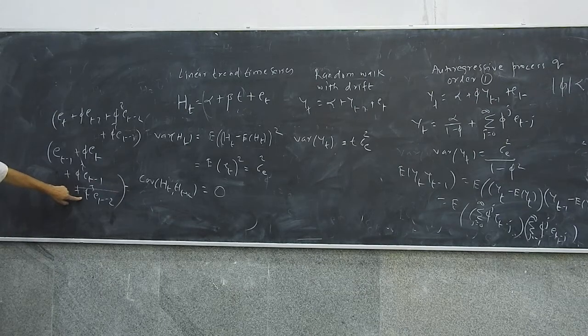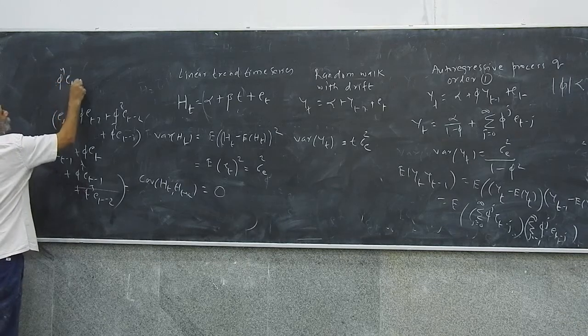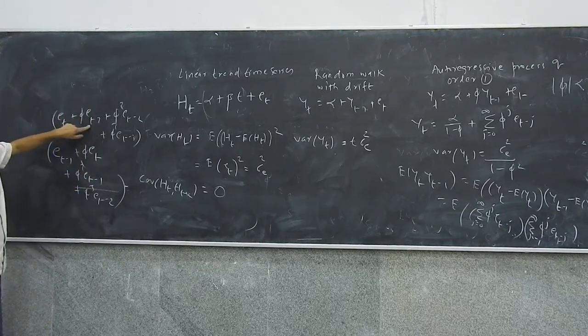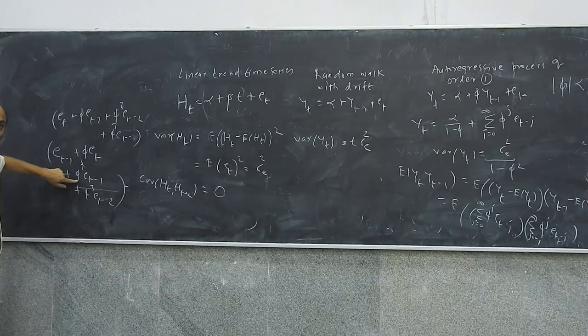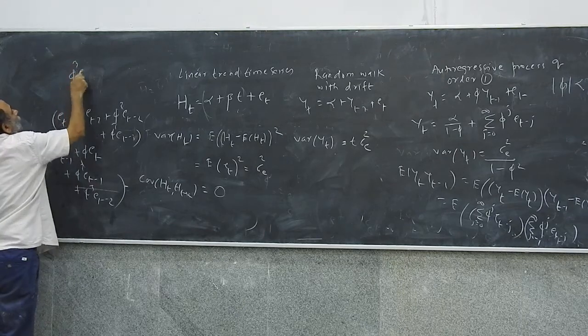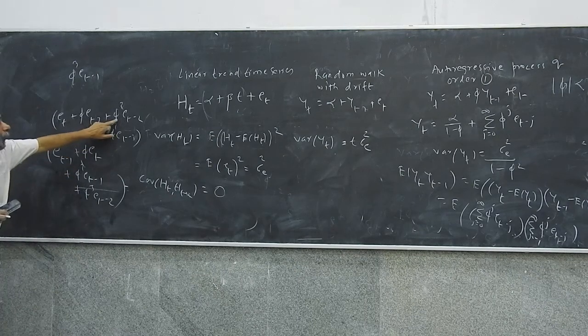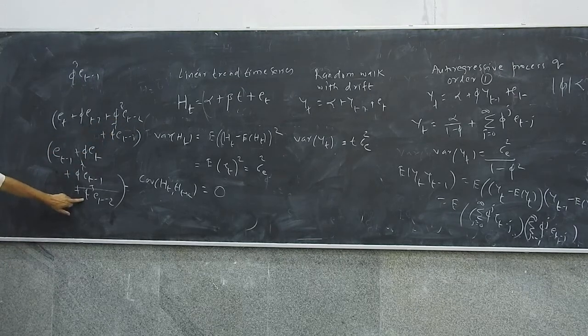Phi e_{t-2} into phi cube e_{t-2}, so you will get phi raised to 4 e_{t-2}. If I multiply phi e_{t-1} I will get phi square e_{t-1}, so phi cube e_{t-1} here. Sure? Plus if I multiply throughout by phi square e_{t-2}, what will I get? Phi raised to 4 e_{t-2}.